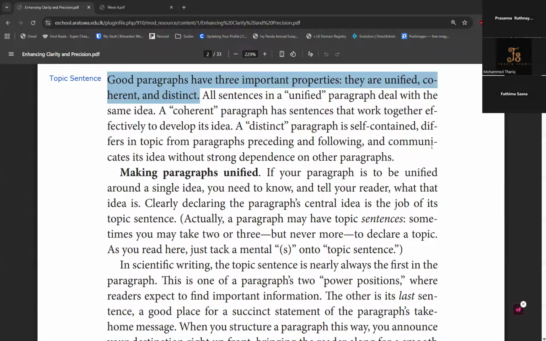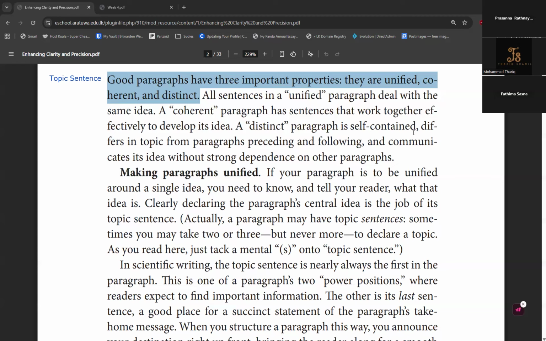Let me read and convince you. All sentences in a unified paragraph deal with the same idea. Now, what does it tell? Now, it jumps from introducing three features to elaborating, or rather defining, the three features. So now he describes what a unified paragraph is, right?